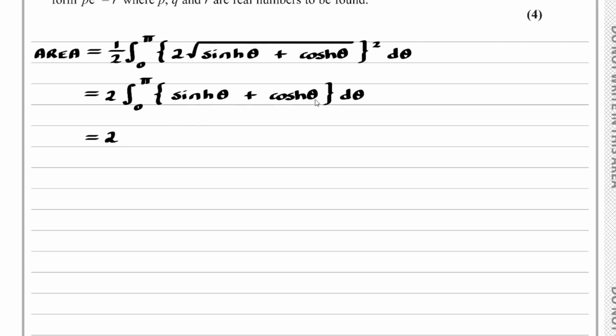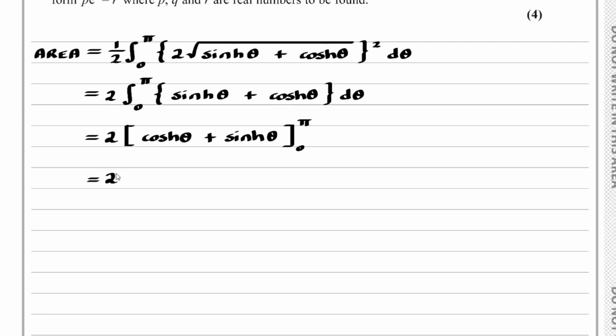Now if I work out the integral of sinh theta, we end up with cosh theta. And if we integrate cosh theta, we end up with sinh theta. So we are evaluating 2 multiplied by cosh theta plus sinh theta between 0 and pi.